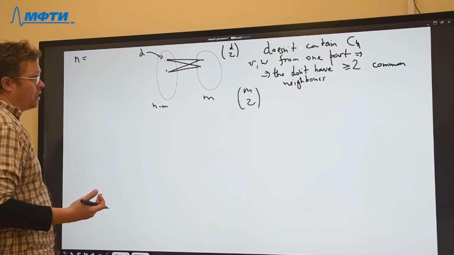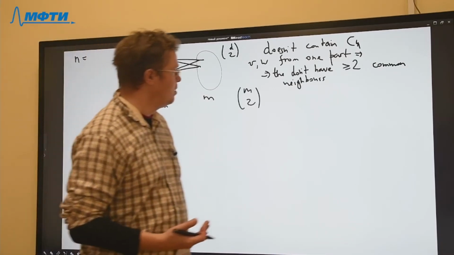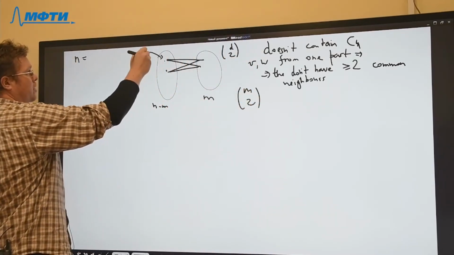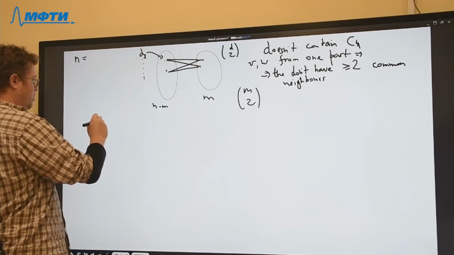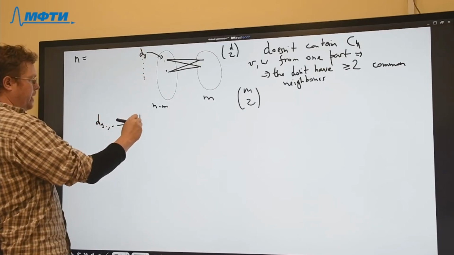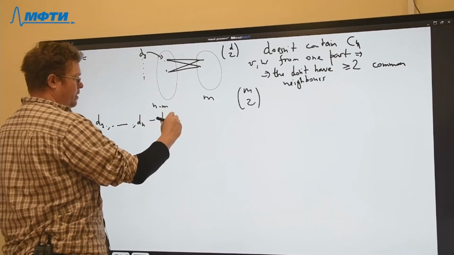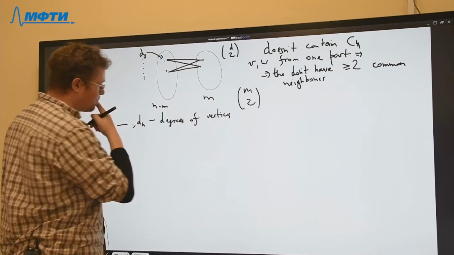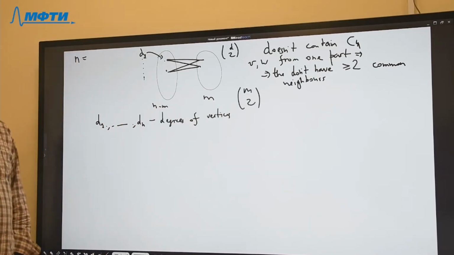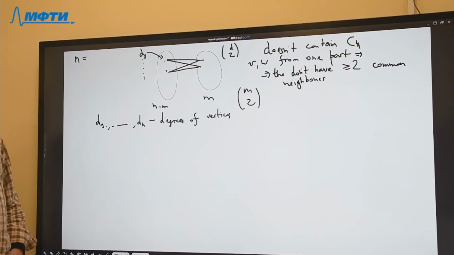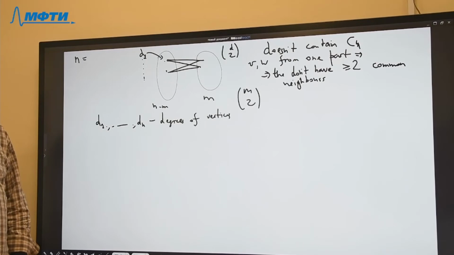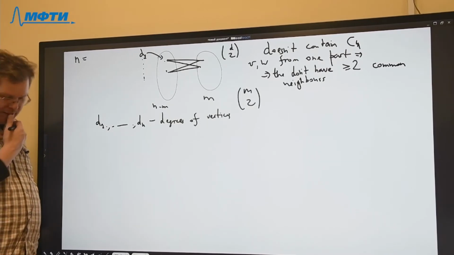Let's denote by d_1, ..., d_n the degrees of the vertices, and try to construct some estimation.